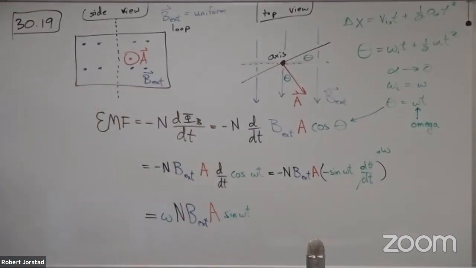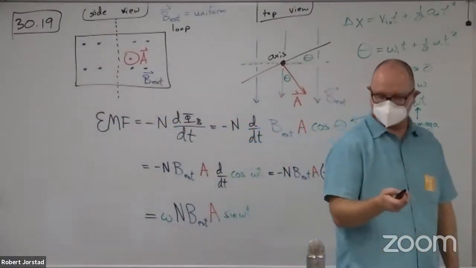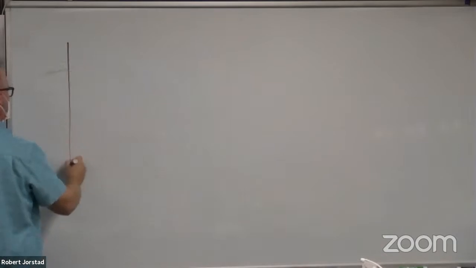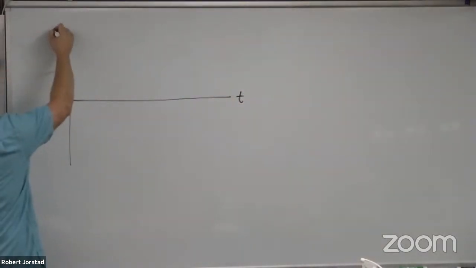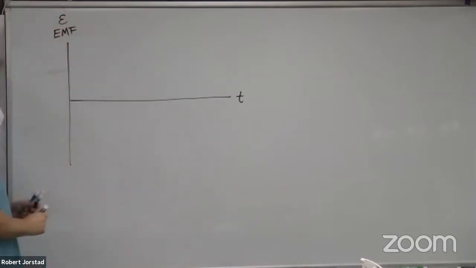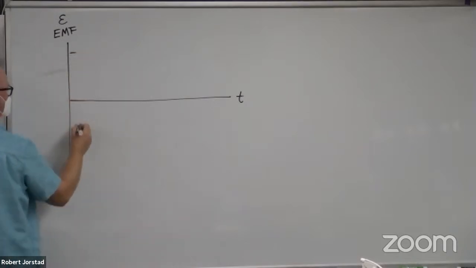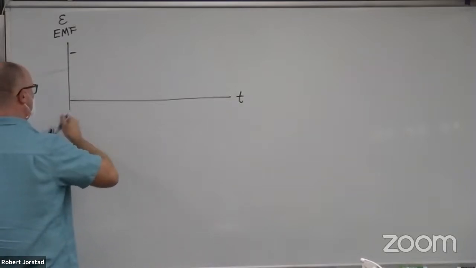Now, you know me, when I see something like this, I'm going to want to plot it. Who wouldn't want to plot this? What's that function going to look like? Sinusoidal, right? So this is t, and this is EMF, or the induced voltage, as a function of time. Can do something like this.